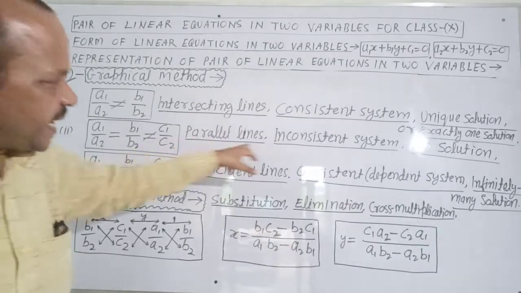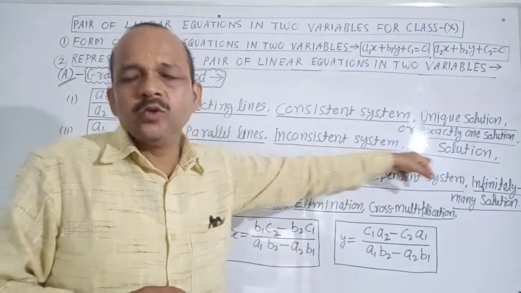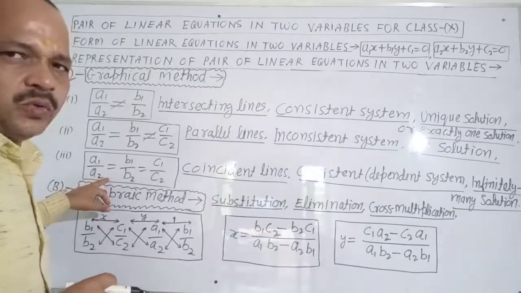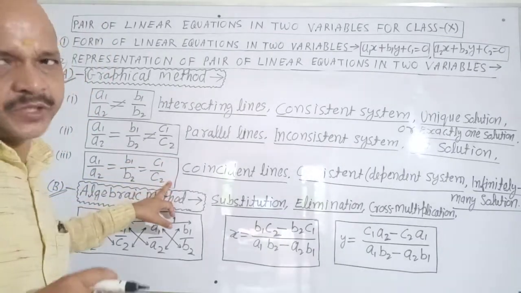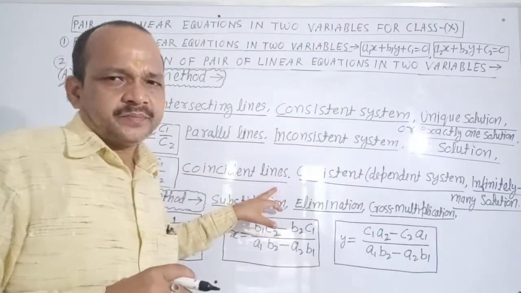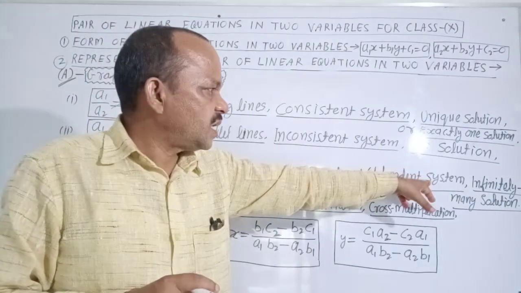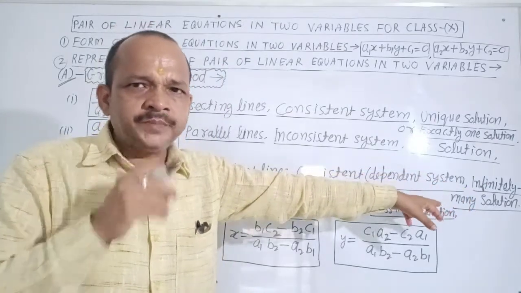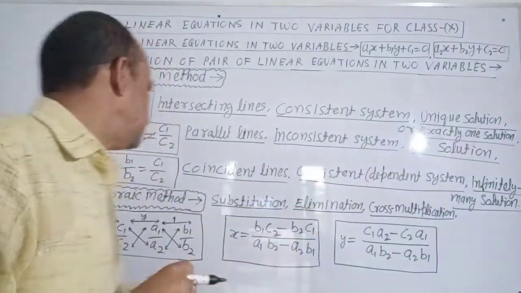It shows parallel lines, inconsistent system and no solution. Third, a1 by a2 equal to b1 by b2 equal to c1 by c2. It shows coincident lines, consistent dependent system, and infinitely many solutions. It is clear? No confusion about it? Very good.